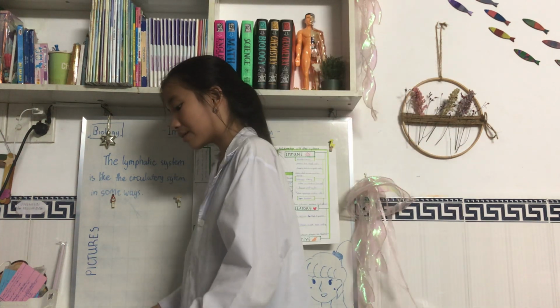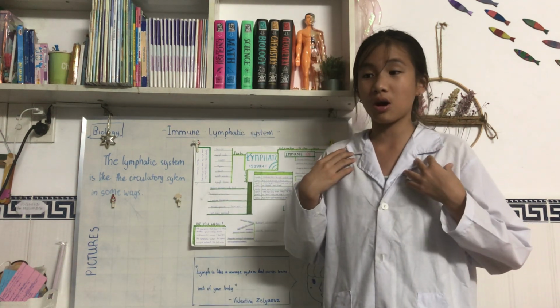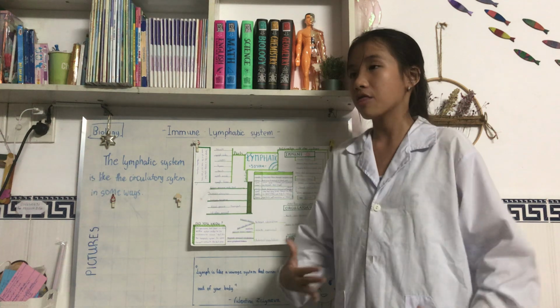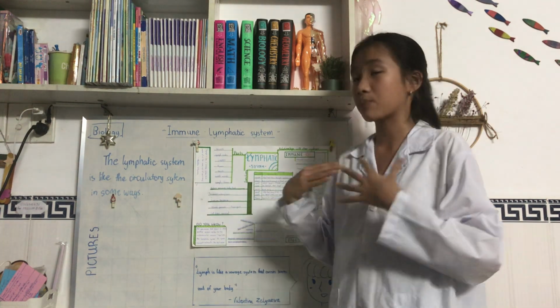And those fluids will eventually get into other parts of our body. And if there's nothing to absorb it, our body cannot function. The organs will be flooded with it. So how can we make sure that it won't be flooded?